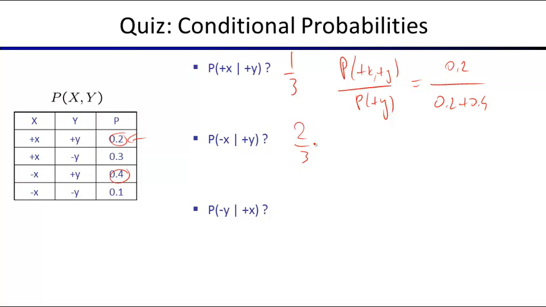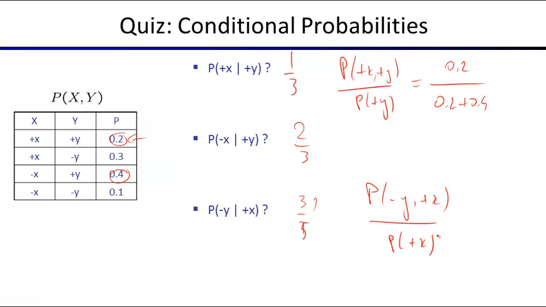Probability of minus y given plus x. I hear something, 3/7. 3/5. Let's see. It's the probability of minus y comma plus x divided by probability for plus x.